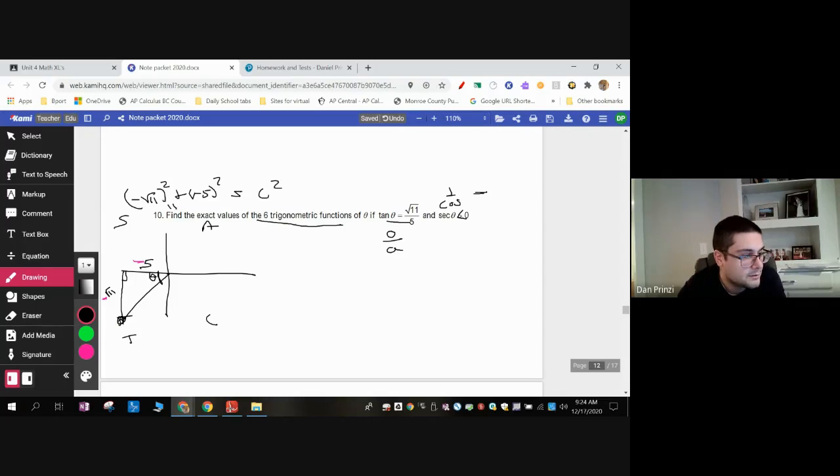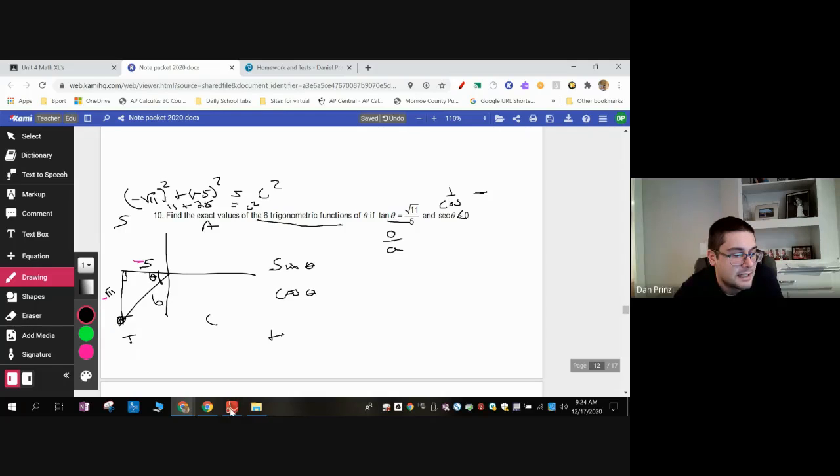That's 11 plus 25, c squared. That's 36. Oh, so it's 6. Okay, so that worked out nice. Okay, can hypotenuse ever be negative? What do you think? No. Remember, no. Okay, so now let's do sine, cosine.